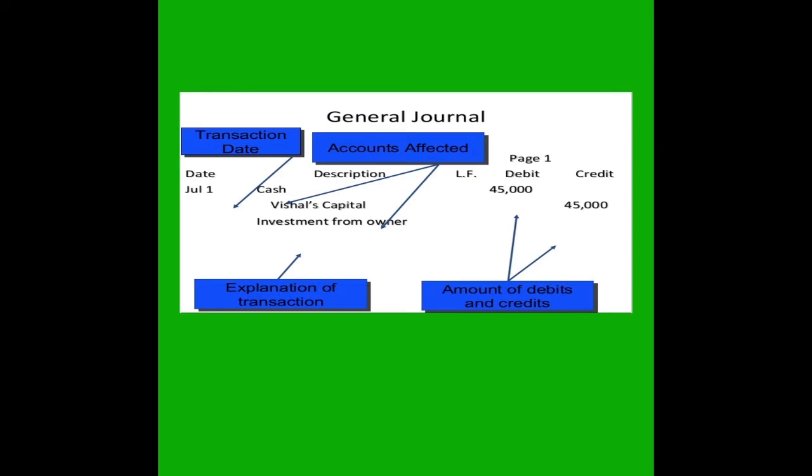Three accounts have three different rules, and based on the type of the account, the rule will change. Narration is the explanation of the transaction, and we have to record the debit amount and credit amount in the respective columns. This is LF, ledger folio number, the reference number to the ledger posting.